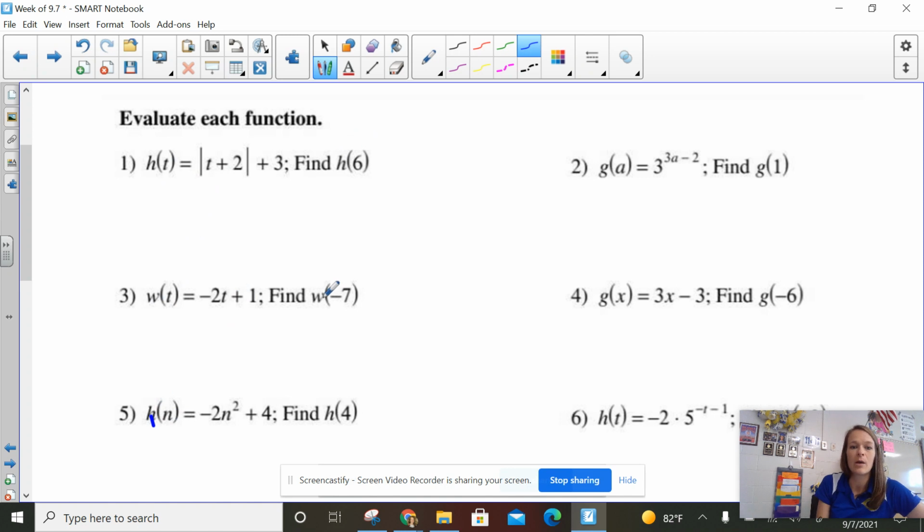If it says find w of -7, that just means I'm going to plug -7 in for t. So -2 times -7 plus 1, that's 14 plus 1, which is 15. So w of -7 is 15. This would be my input, and this would be my output.